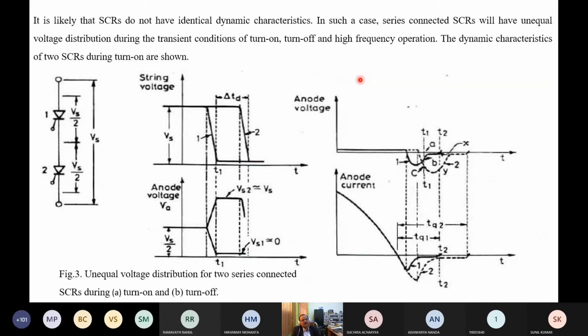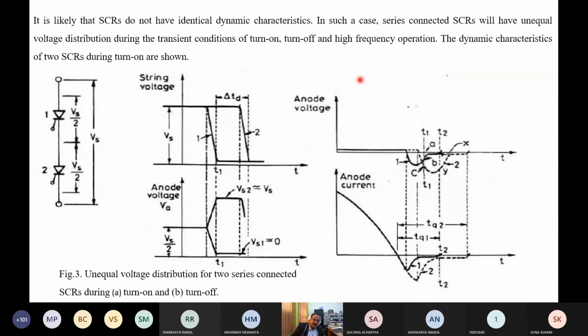The junction J2 behaves like a capacitance because of the charges across this junction. This self capacitance is the major cause of unequal voltage distribution during switching action.